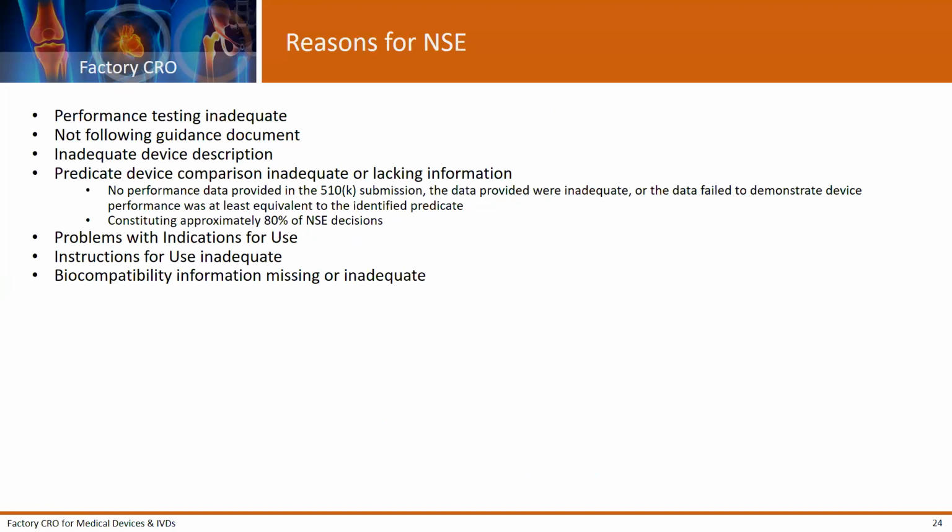This happens when the performance testing is inadequate, when you have not followed guidance documents, when there is an inadequate device description, problems with the indications for use, when the instructions for use are inadequate, or when biocompatibility information is missing. But 80% of the NSE decisions are because the predicate device comparison is inadequate or lacking information.